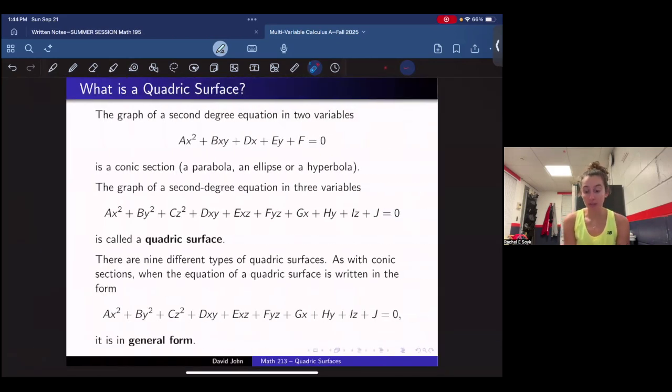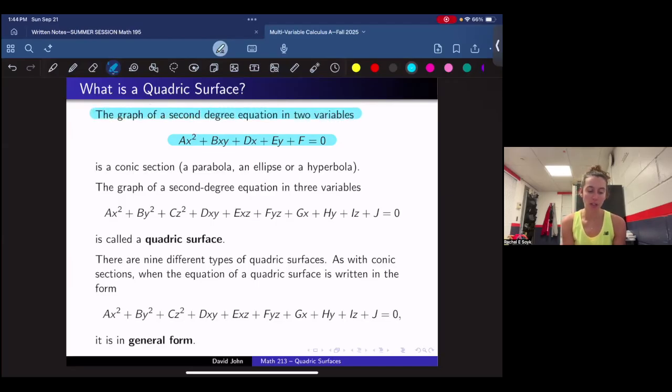So we have some more notes. What is a quadric surface? And looking at the general notation of it. So this first part, we have the graph of a second degree equation in two variables, can be represented as ax squared plus bxy plus dx plus ey plus f being our constant, is equal to 0.